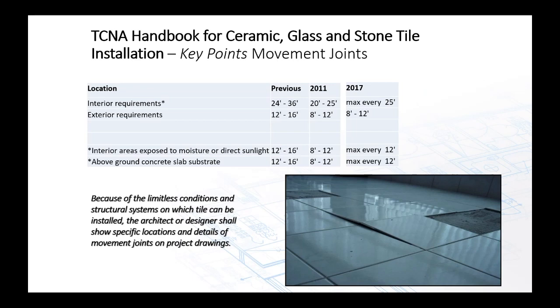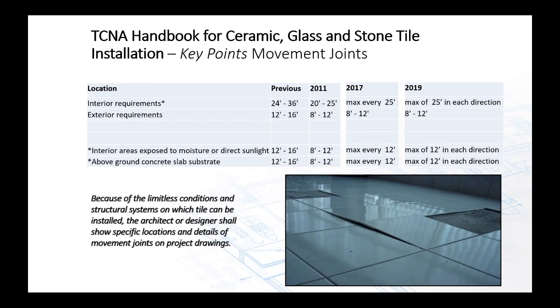So they kind of took away the range, just assuming that you know you could do less than, but you at least have to put movement joints or soft joints at the perimeter, around any protrusions, and every 25 feet each direction. 2019, again, cleaned it up a little bit more, maximum 25 feet each direction.